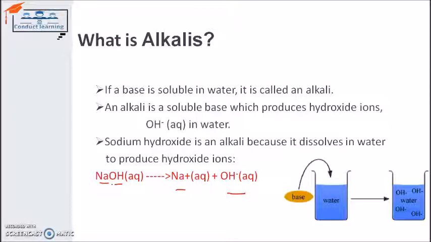Sodium hydroxide is basically a molecule which separates into different ions, positive and negative, when it is put in water. So that's why this is known as an alkali. If the sodium hydroxide, when put in water, did not produce sodium and hydroxide ions separately, then it would not be an alkali, it would only be a base, but here it is an alkali.